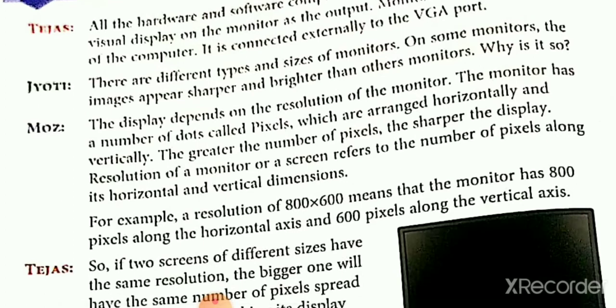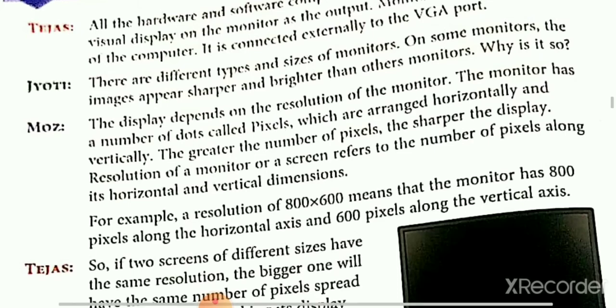Monitor is an important part of the computer. It is connected externally to the VGA port, visual display port.